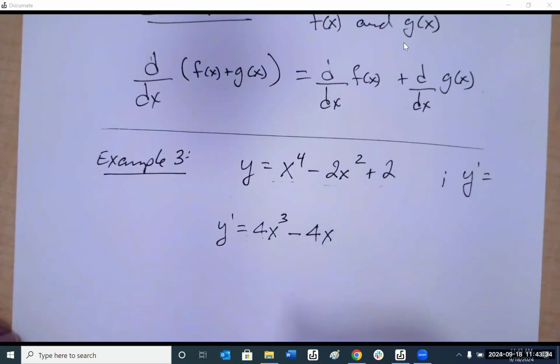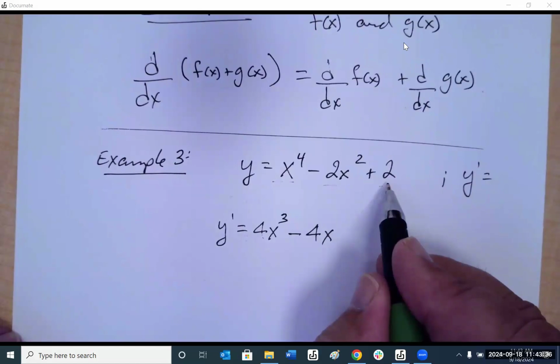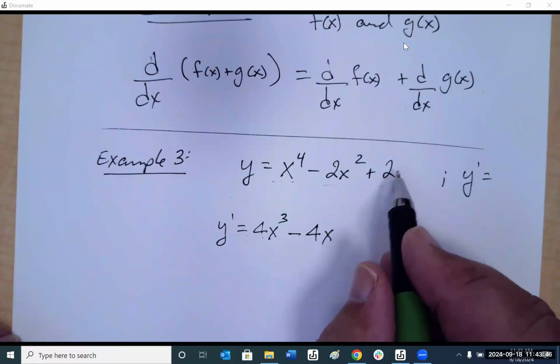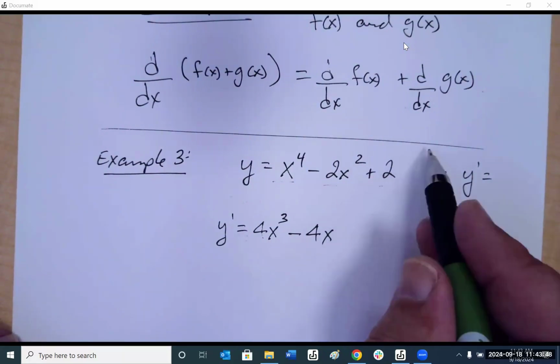Which is just 4x. And then this one? It's a constant. What's the derivative of a constant? 0. It's a horizontal line. So constants disappear.